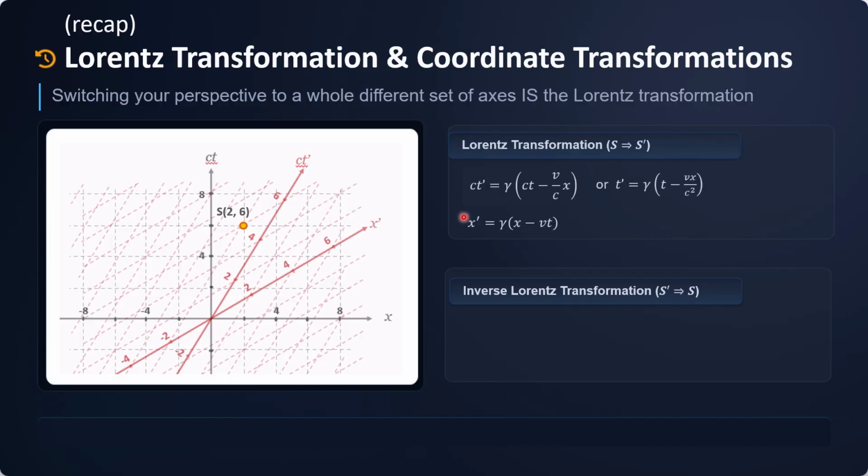Let's look at the top box on screen for transforming from Earth frame S to moving rocket frame S prime. ct prime equals gamma times (ct minus v over c times x), and x prime equals gamma times (x minus v times t).